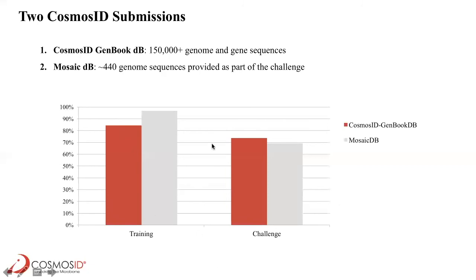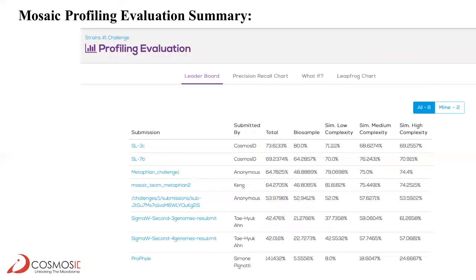However, when we analyzed the data sets of the challenge, you can see that the CosmosID GeneBook database outperformed the Mosaic database as well as all other tools. That reflects the importance of using an extensively curated and comprehensive database, to cover the gamma diversity of the strain subpopulation you can encounter in any biological sample.